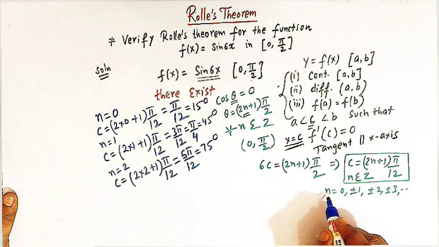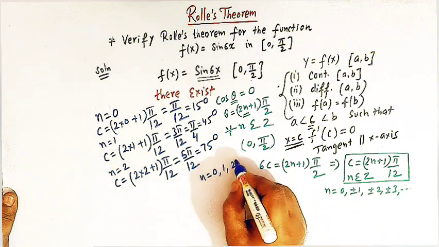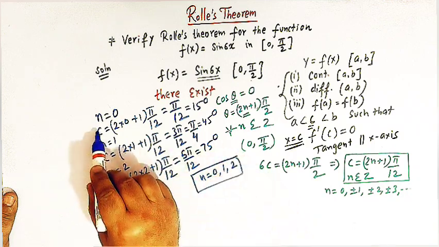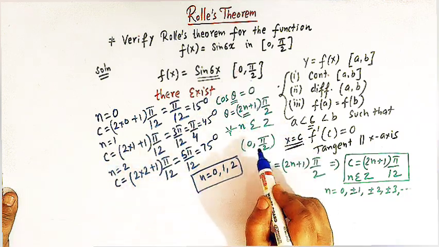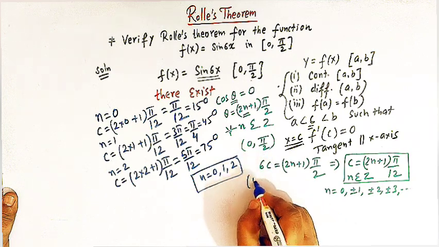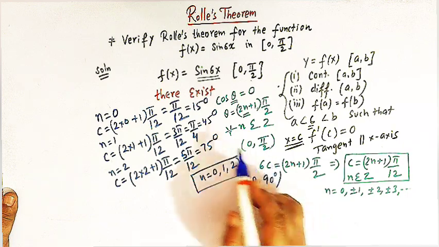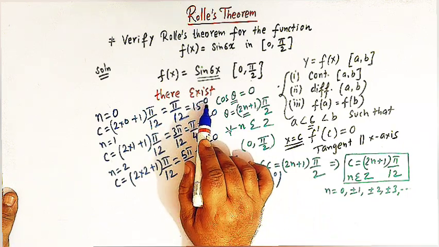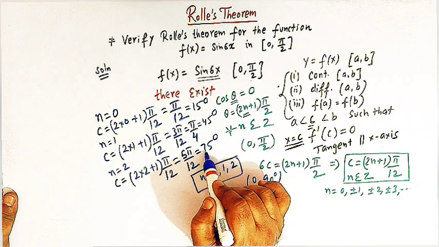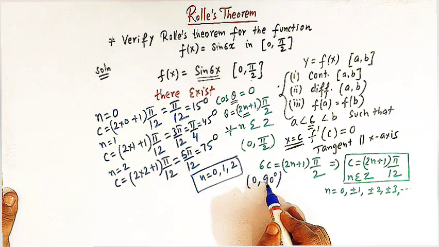So only n is equal to 0, 1 and 2 gives us those values of c which fall in the interval that is 0 comma pi by 2. So here pi by 2 may be taken as 90 degrees, right? And we can easily see that 15 degrees, 45 degrees and 75 degrees fall in this interval, right?